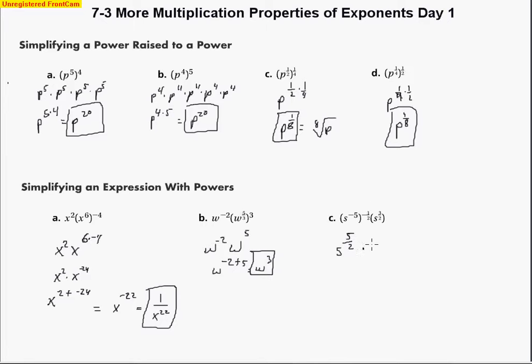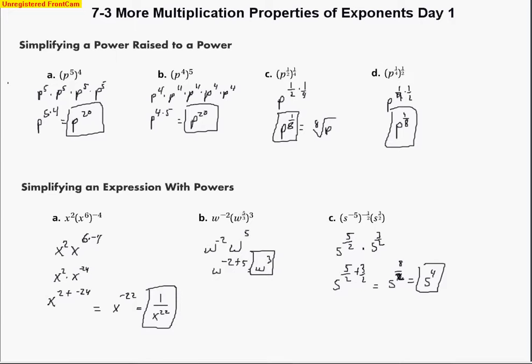And over here we have s to the 3/2. There's no outside exponent there, so now the rule is we're adding up the exponents. So 5/2 plus 3/2 gives me 8/2. And 8/2 is the same thing as 4, so s to the 4th power is the answer on that one.